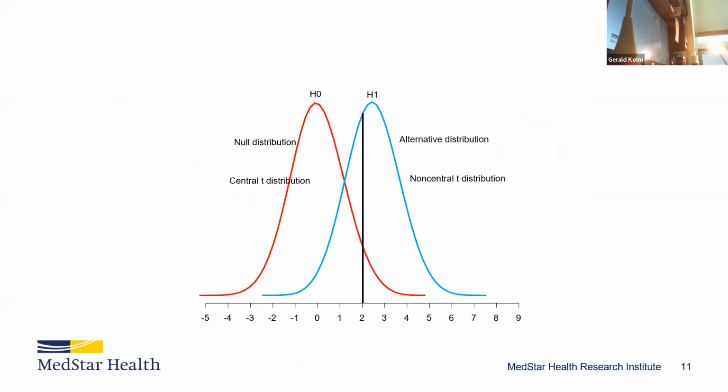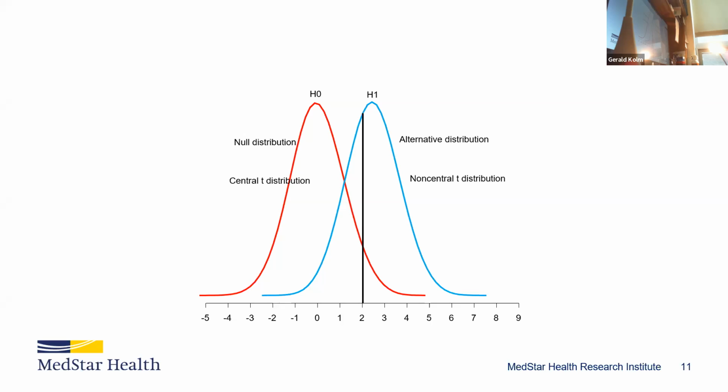So let me illustrate this in pictures rather than in words or in the table that we looked at before. We have our two distributions here, our null distribution and what we call our alternative distribution. The null distribution is referred to as a central distribution. The alternative distribution is referred to as a non-central distribution.